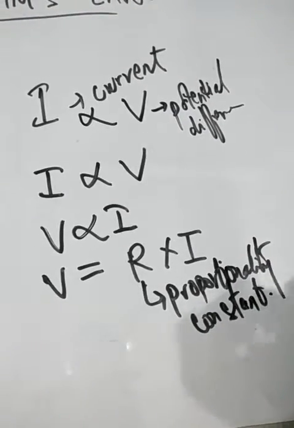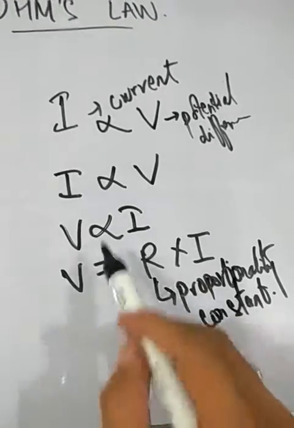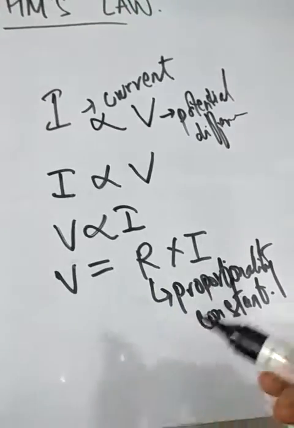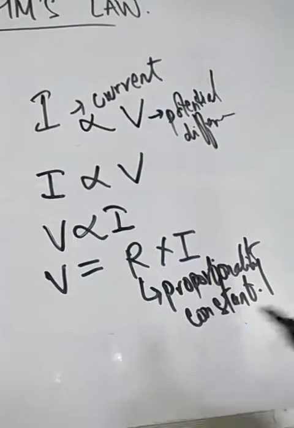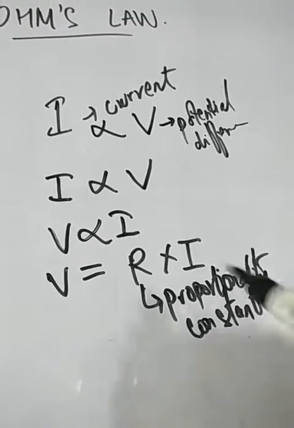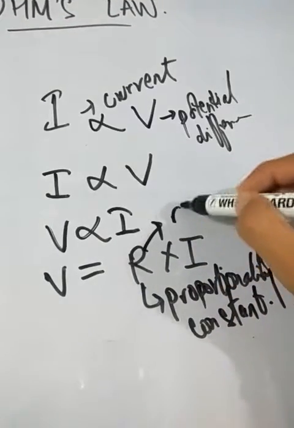That's how it has come into the equation. It was not there before. We want to convert the proportionality sign to the equal to sign. We have to introduce a proportionality constant there, and R is that proportionality constant, which is called resistance.